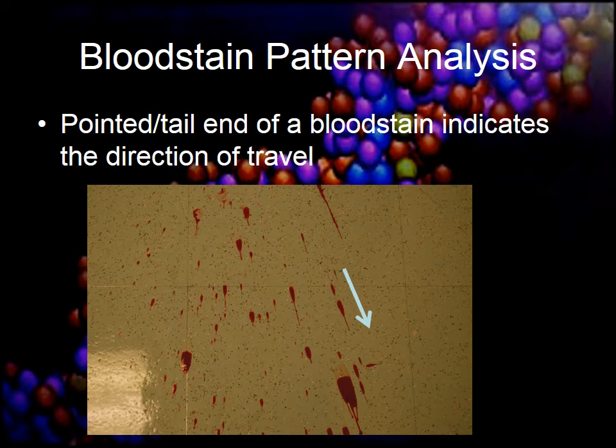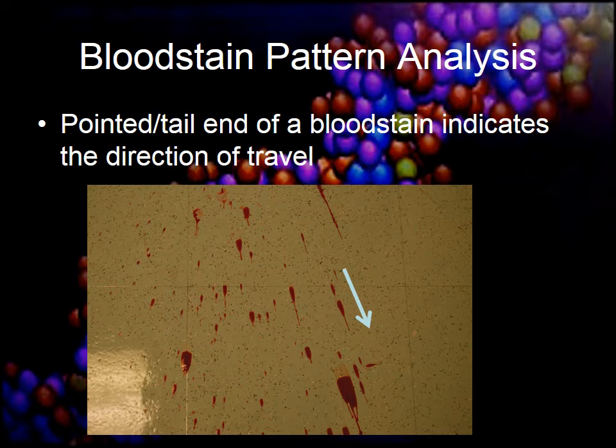And you can also see that the direction of travel is indicated by the pointed tail end, and it actually points away. So what I'm saying is the larger part of the stain is where the direction of travel came from. You see where the arrow points downward, and the smaller tail points away from that direction of travel.